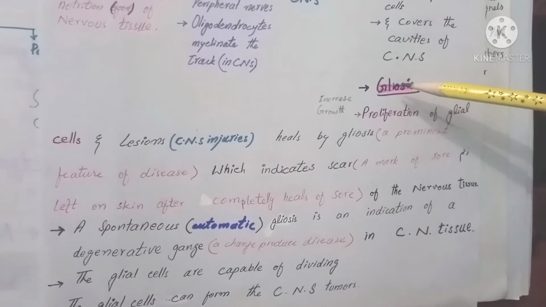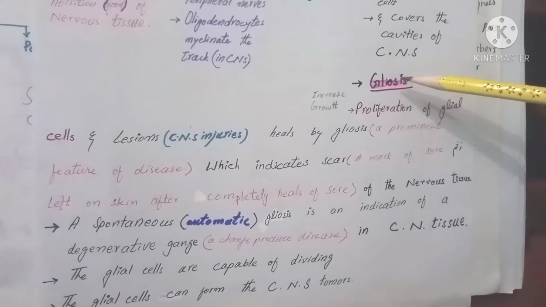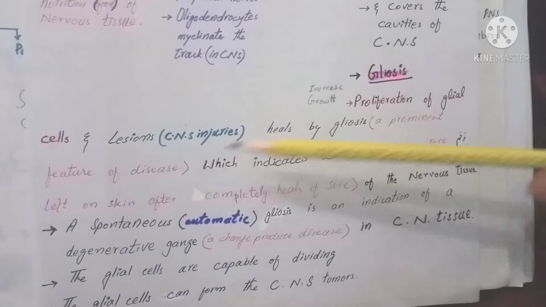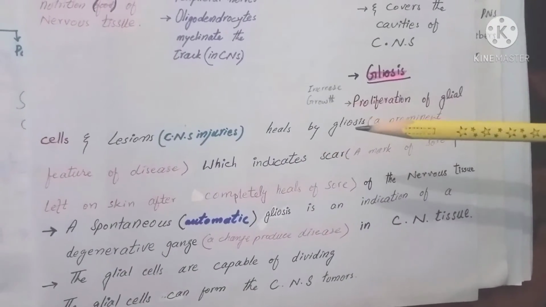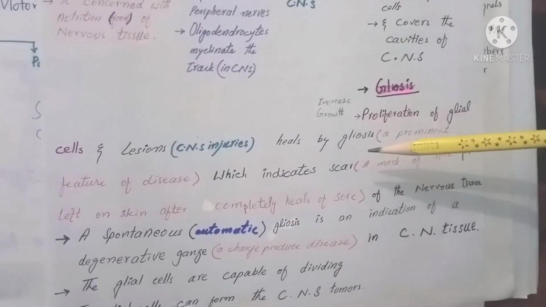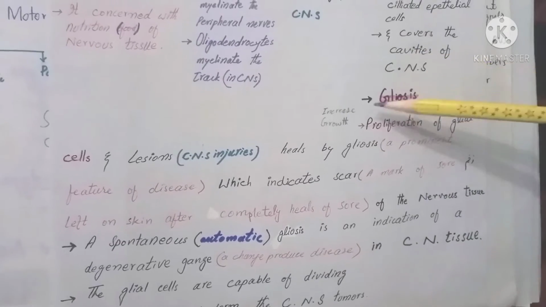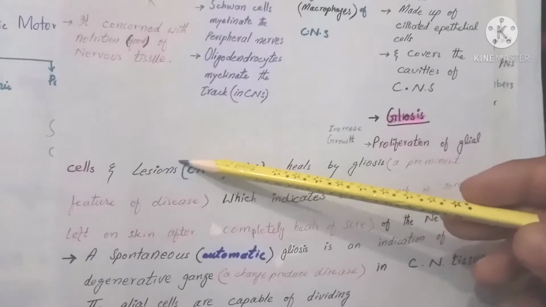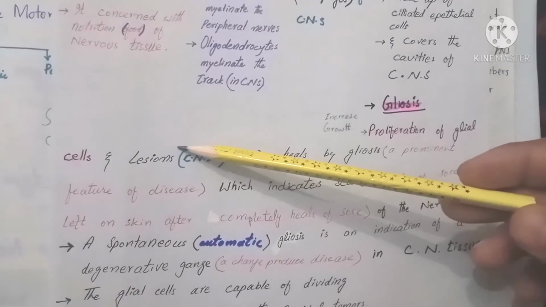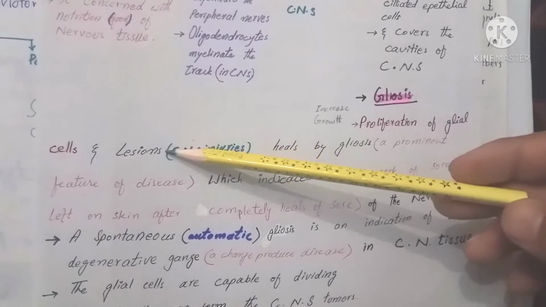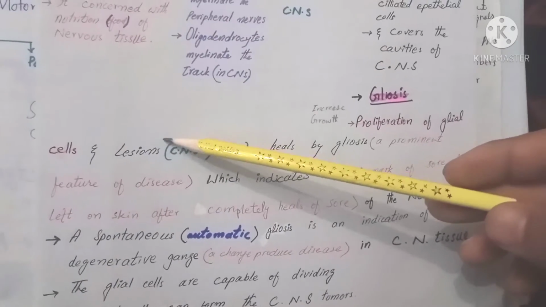Now we talk about gliosis. Proliferation of glial cells and lesions heals by gliosis. Gliosis itself is a permanent feature of disease. So it helps heal the lesions. Lesions are the marks or spots that remain on the skin when someone gets hurt.